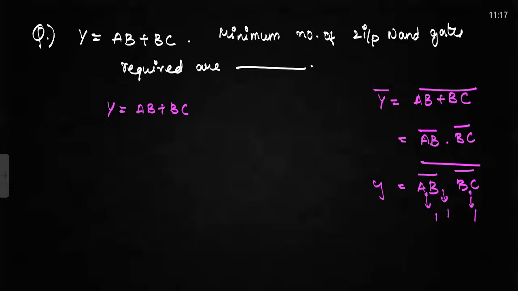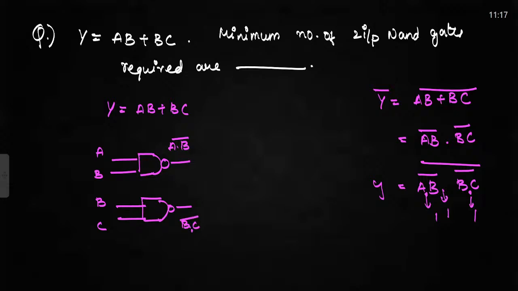Now let us try to implement. Here AB and BC are given. So here I am getting A into B bar, and here I am getting B into C bar. Now I need to implement this function, right?